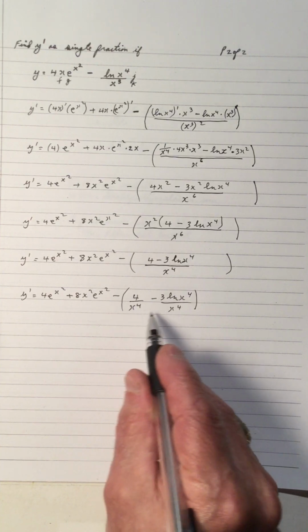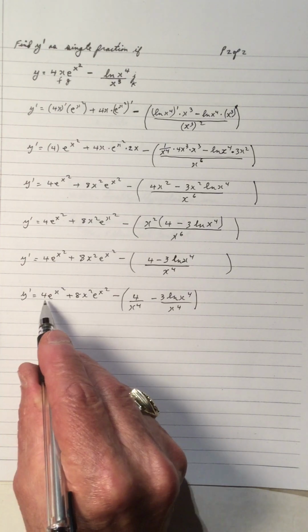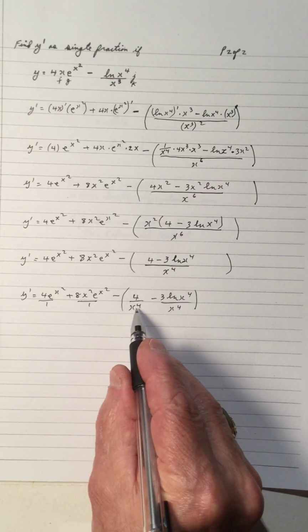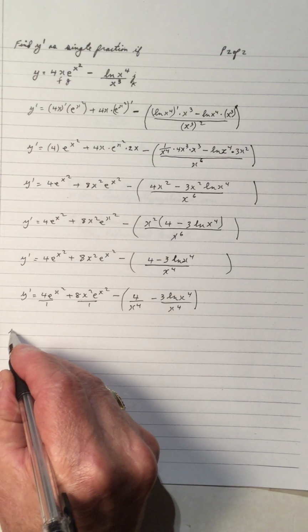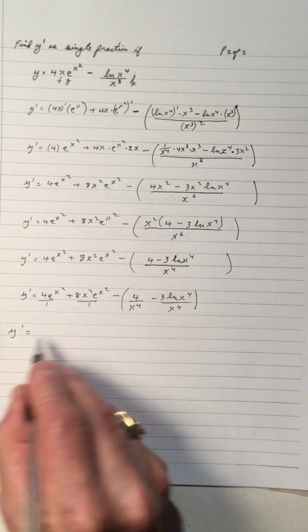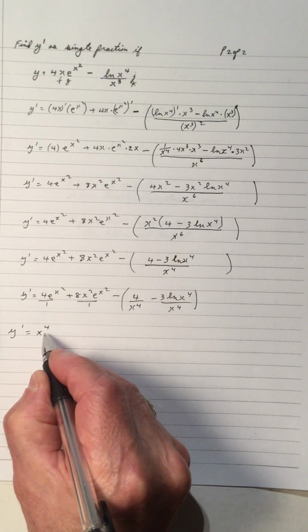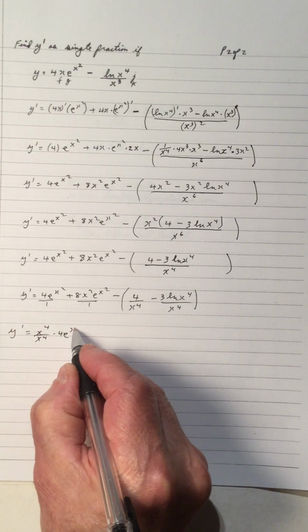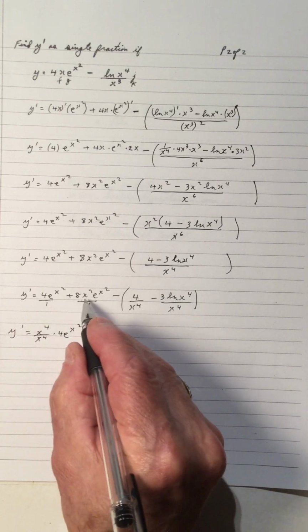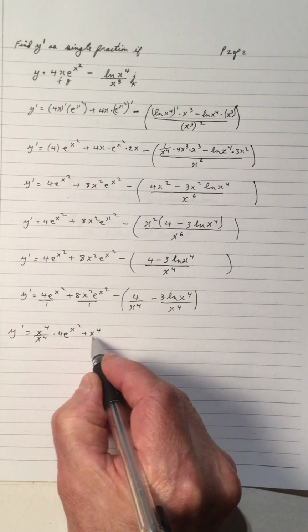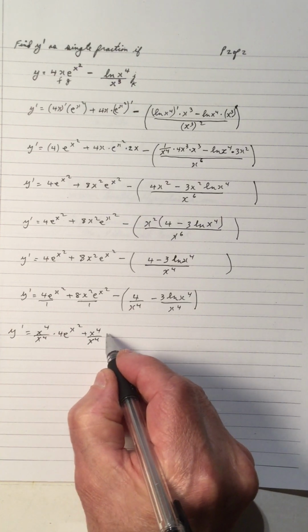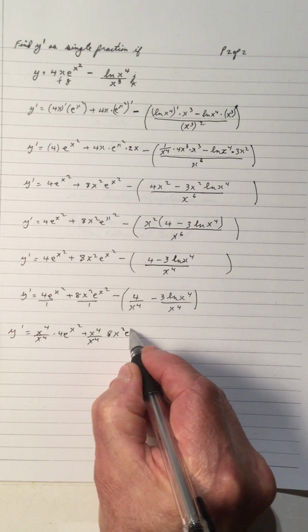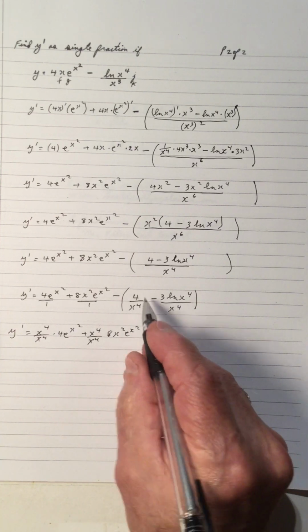So we want to make it one fraction. This is understood to be over 1, and this is over 1. The common denominator is x to the fourth. So we multiply the first fraction by x to the fourth over x to the fourth: 4e^(x squared). And this one is over 1, so it's x to the fourth over x to the fourth, and it's 8x squared e^(x squared).